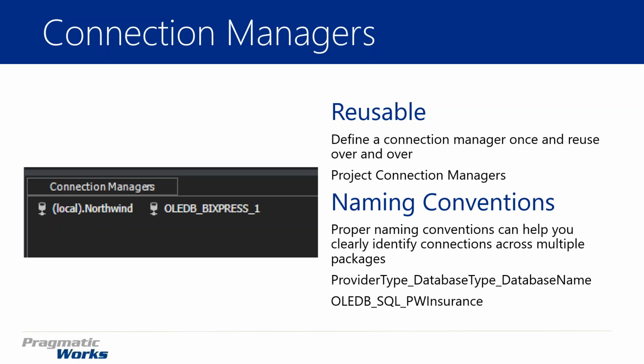So one convention that we use at Pragmatic Works is provider name.type.database name. So for example, we have OLEDB, since it's an OLEDB connection. OLEDB is the most common connection type you're going to come across, followed by the database name. So a good name would actually be oledb.sql.biexpress. So I probably should maybe change the one I have right over here.